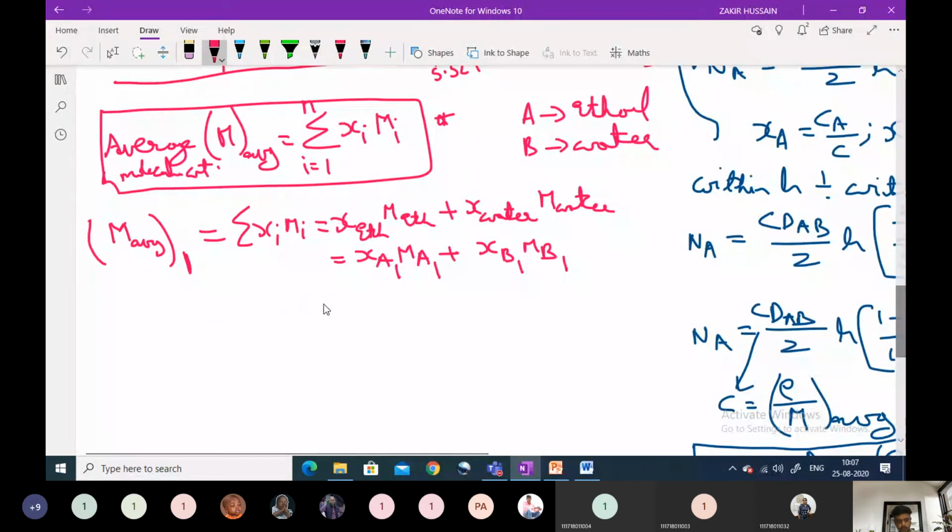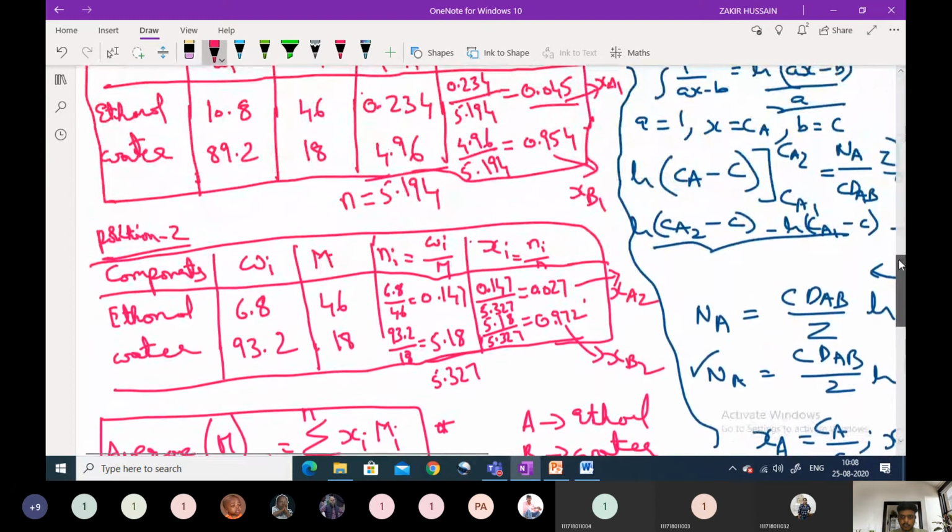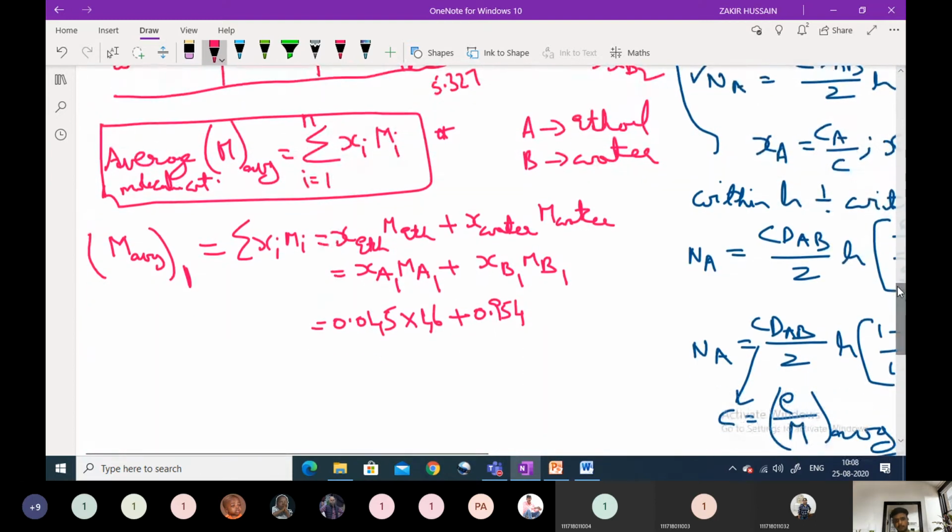So this is 0.045 into the molecular weight of ethanol, 46, plus 0.954, which is xb1, into mb1, the molecular weight of water, 18.